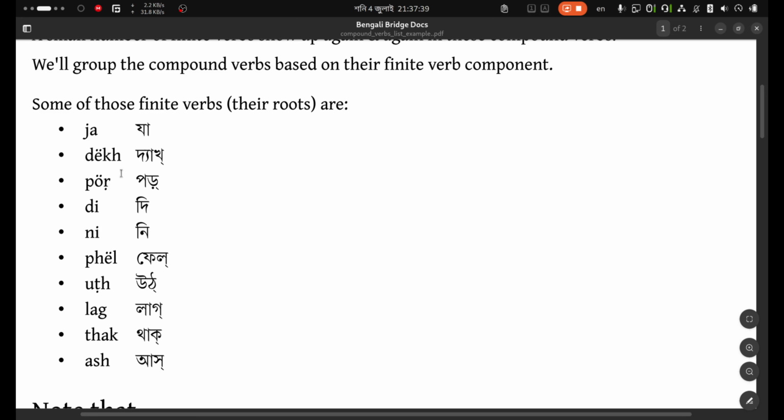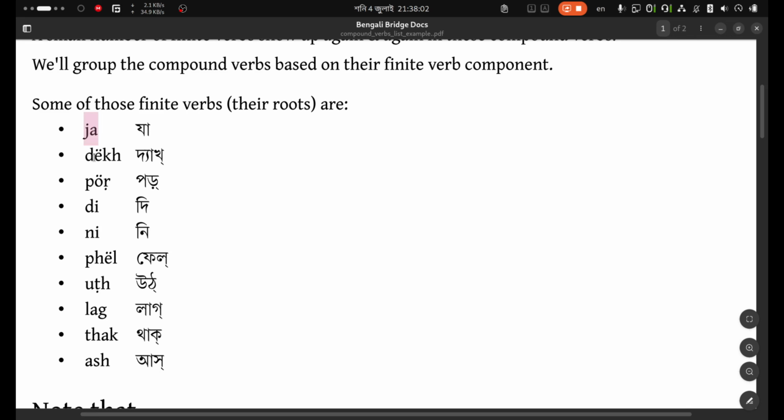I have listed only the roots of those verbs. I can actually mention the meanings of some of them, but I will not do that now. I'm just going to read those.